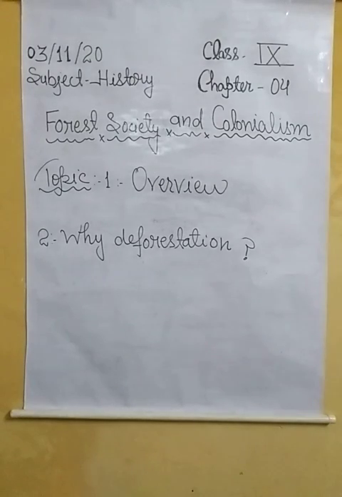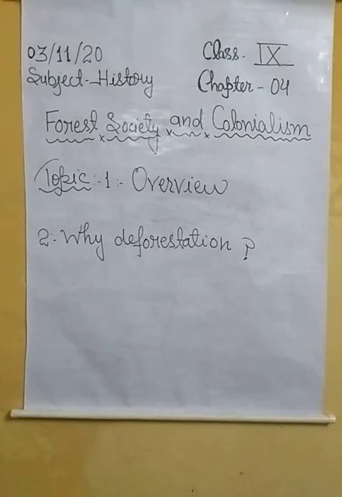And finally, students, now we are at the stage of conservation of forest and wildlife, and due to the reckless cutting of forest, now the important species of flora and fauna started to decrease in numbers.